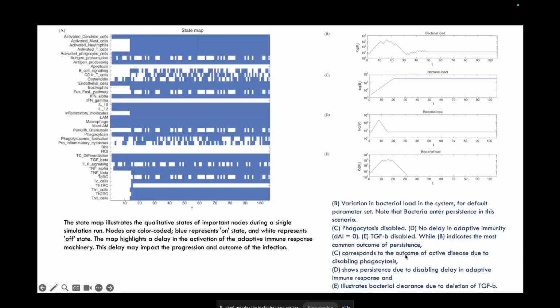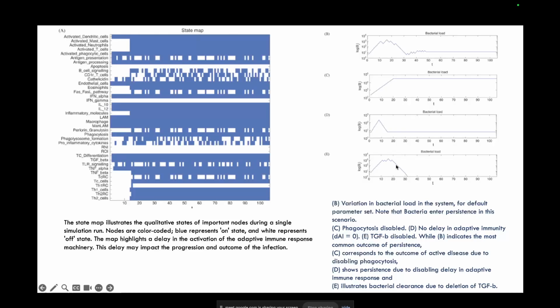The third case is an outcome of active disease due to disabling phagocytosis. Sorry, this is the third one. I think it has come up in two comments. The fourth one is showing persistence due to delay of the adaptive immune response.